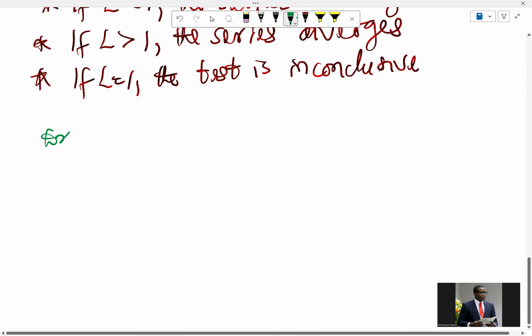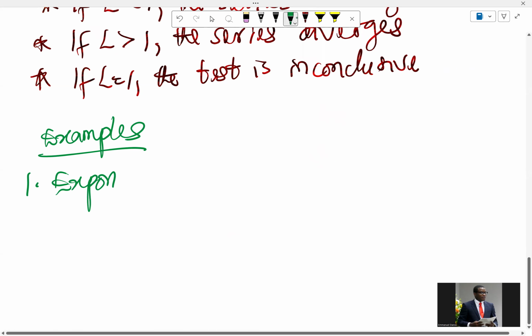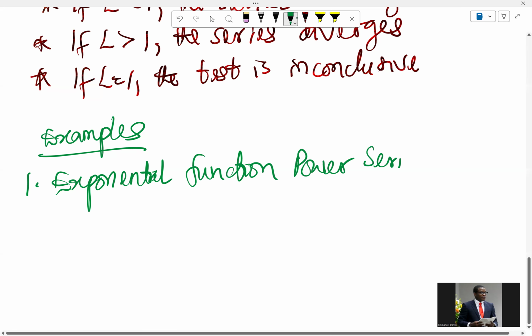Example 1: the exponential function power series.